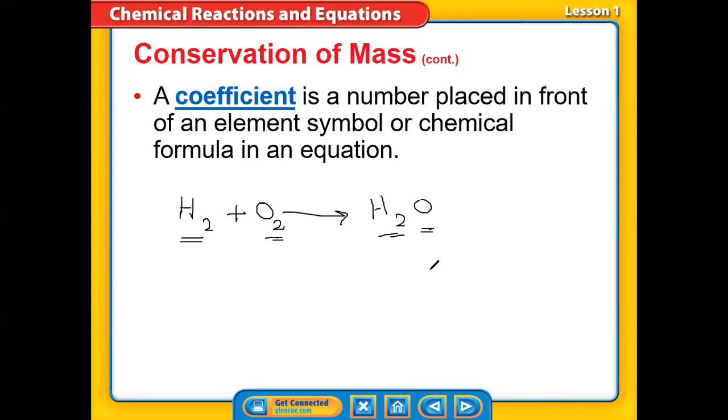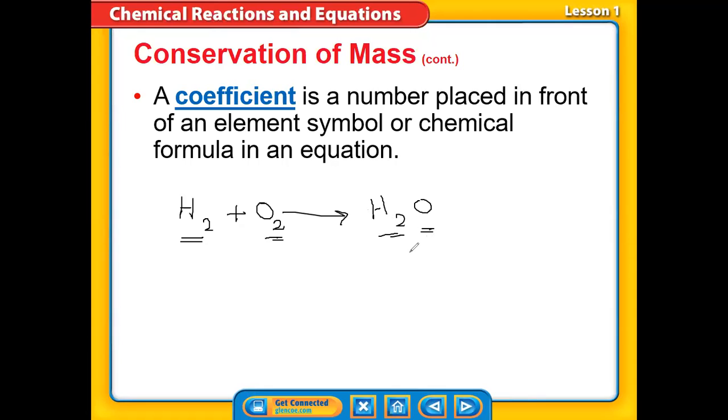So how could we balance a chemical equation? We balance a chemical equation by adding a coefficient. Do you remember the coefficient which we talked about last time? The big number that we write before the chemical substance. My question, guys: could we change the subscripts? Could I put 2 here?